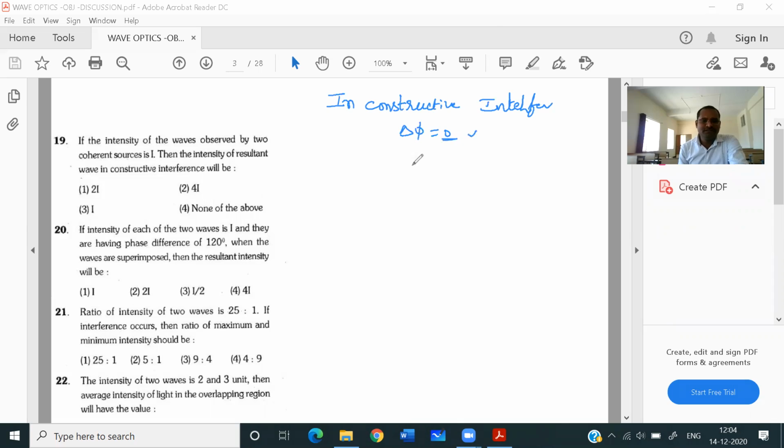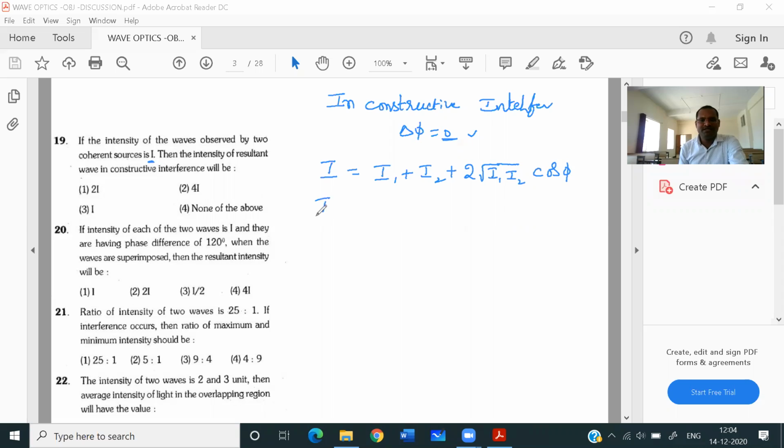The resultant intensity formula is I1 plus I2 plus 2 root I1 root I2 cos phi, where phi is the angle between the two waves. They have given that the two intensities are the same.